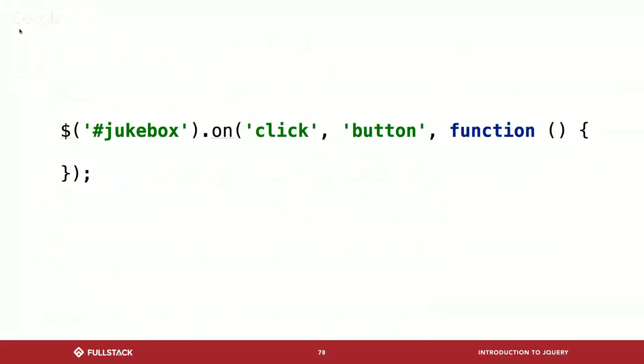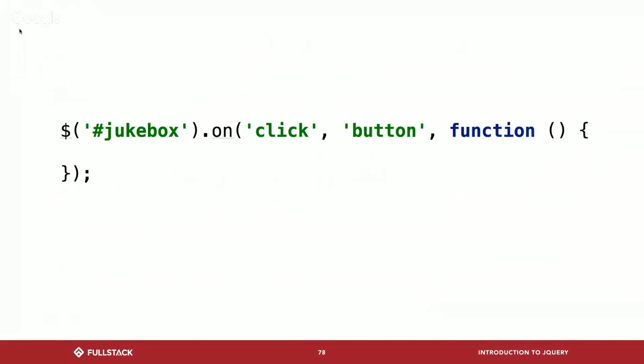Well, one of the things that you could do here, this really is being used as event delegation. And the way that it really works underneath the covers is that you're not actually adding the event handler to the buttons themselves. What you're doing is you're adding the event handler to the jukebox. Okay?